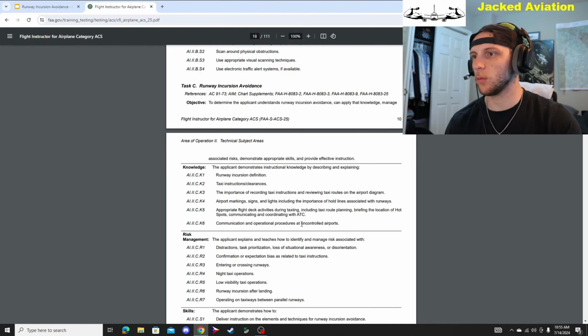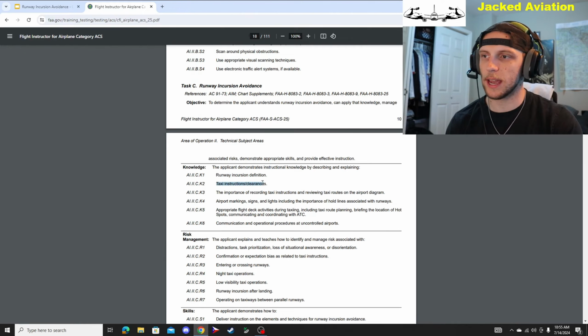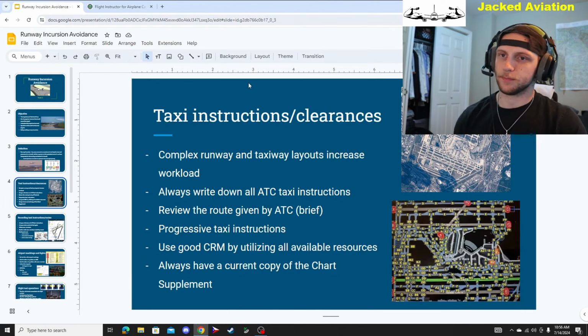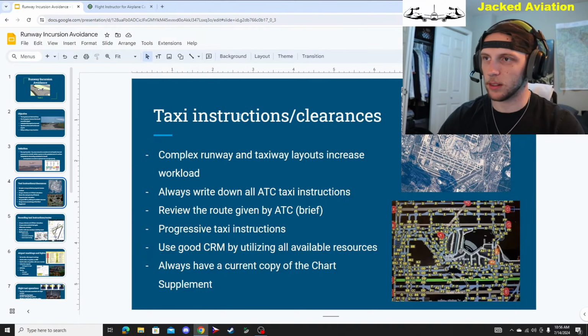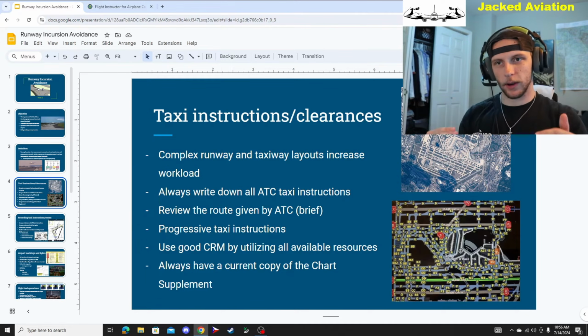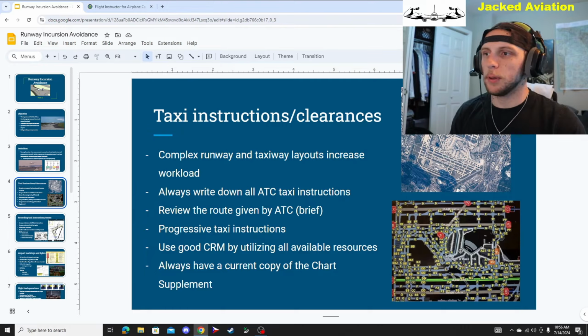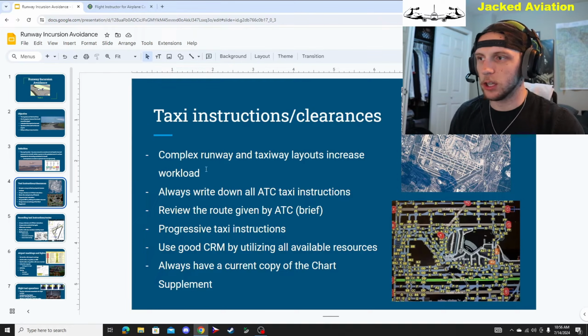So moving on, we have the section on taxi instructions and clearances. Again, making sure I have the title up here, and making sure everything's going to be broken out. Okay. Complex runway and taxiway layouts increase workload.